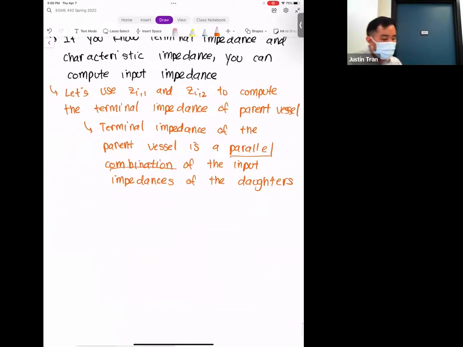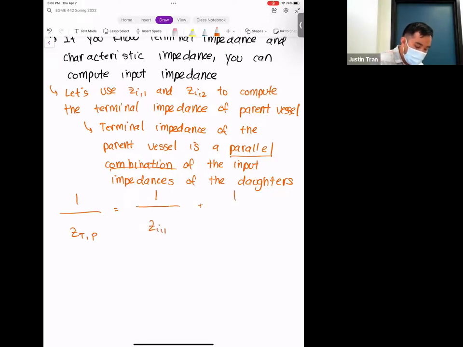The key word here is parallel combination, because once the blood leaves the parent vessel, it can go either way, to daughter 1 or daughter 2. If you think about this from a circuit's point of view, when you combine two resistors in parallel, you have the parallel resistor form. So we can say that 1 divided by ZTP is equal to 1 divided by ZI1 plus 1 divided by ZI2.